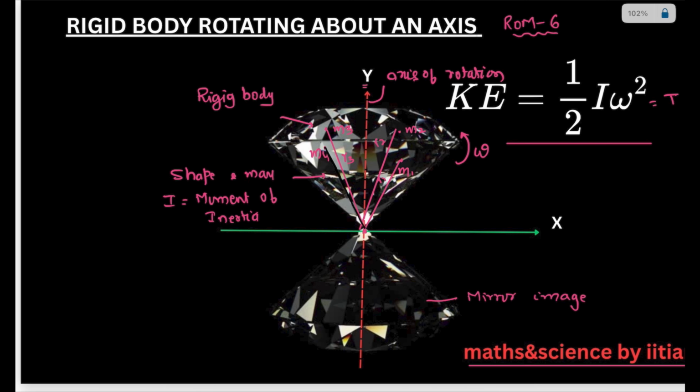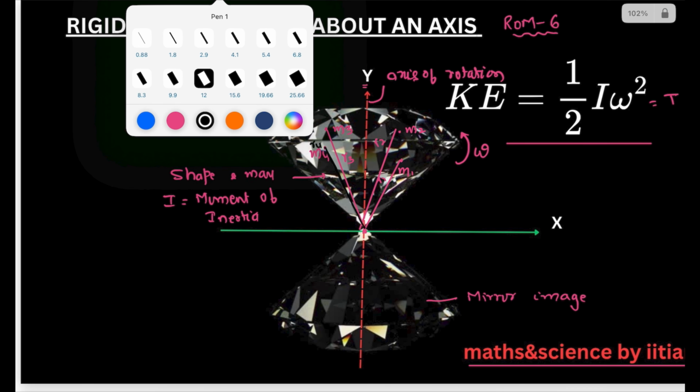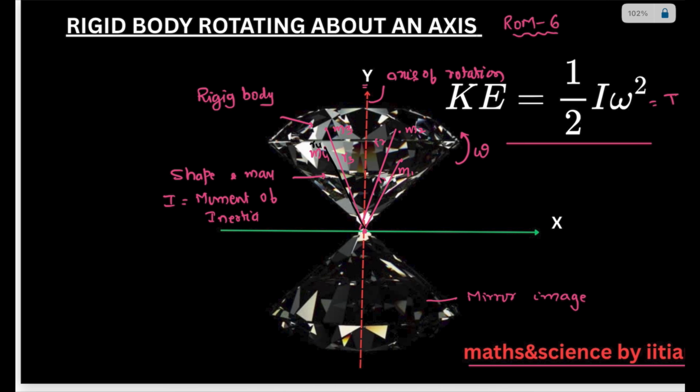These are all the distances from the axis to the particle, and there are an infinite number of particles. And the velocity with which each particle is moving: this M2 is moving perpendicular to this, V2.